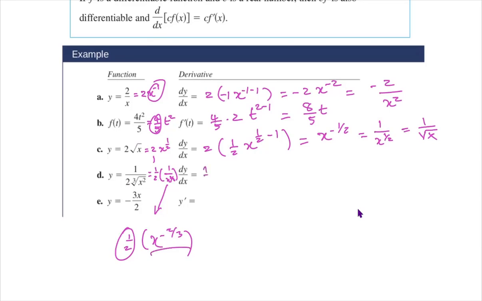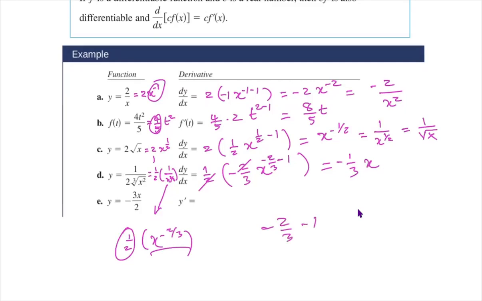So that's 1/2 times the power brought down, negative 2/3, x to the power negative 2/3, and minus 1. And then simplify this. That 2 cancels out, so negative 1/3 x to the power negative 2/3 minus 1.